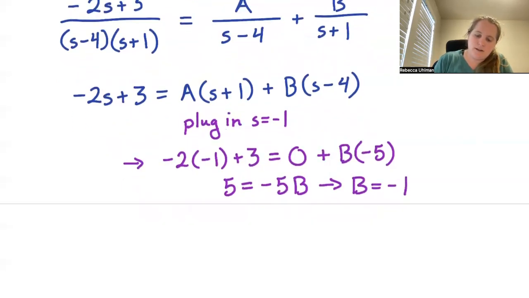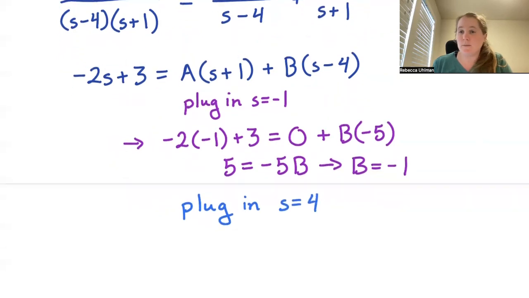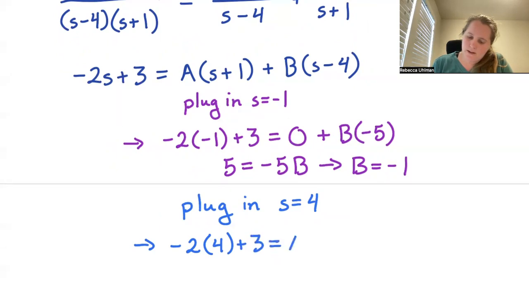Similarly, if we plug in s equal to 4, that will make the B term disappear. We are looking at negative 2 times 4 plus 3, which should be equal to A times 5 plus 0 on the right.